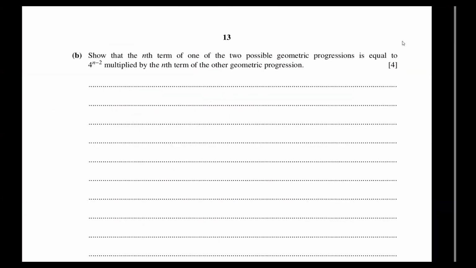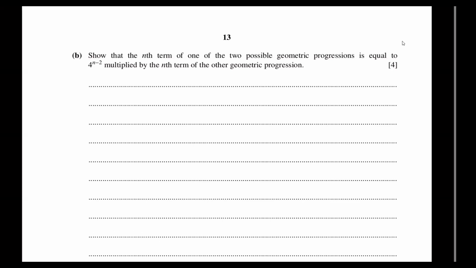In the next part, to show that the nth term of one of the two possible geometric progressions is equal to 4 to the power n minus 2 multiplied by the nth term of the other progression. That is, the ratio of the nth term of the two progressions will be 4 to the power n minus 2.